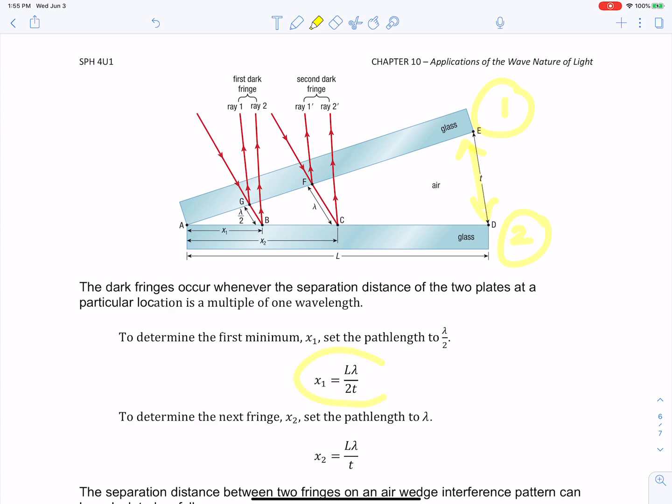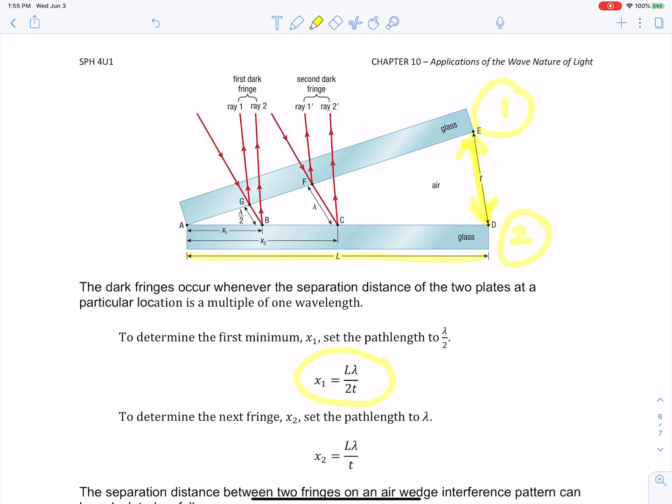So our first minimum will occur, and we give it the symbol x1, and it'll occur at L lambda over 4t, where L is the length of the glass wedge, and t is the height of the air wedge, which we'll call T.